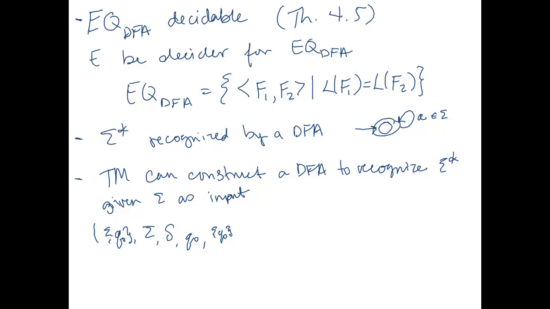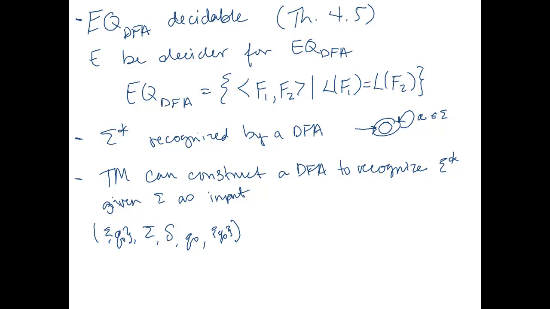Everything but delta is independent of sigma. If I'm given sigma as an input, I make a starting state called Q0, and that's all of the states I need. We're going to hold off on delta for a second. The start state is Q0, and the only final state is also Q0. It's the only state in the machine.